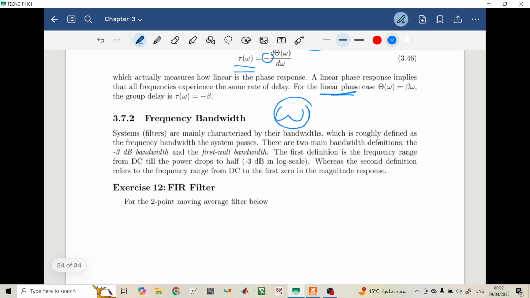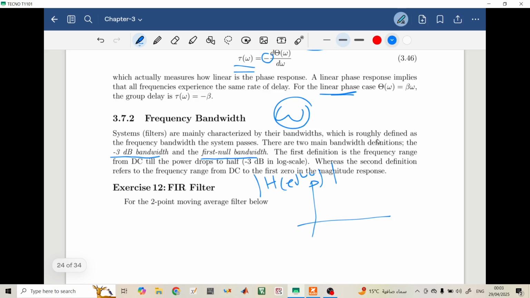We have two main definitions of the frequency bandwidth. The first one is the -3 dB bandwidth, and the second one I will call the first null bandwidth. The first definition, the -3 dB bandwidth, is the frequency range. Here we are usually looking at the magnitude response.